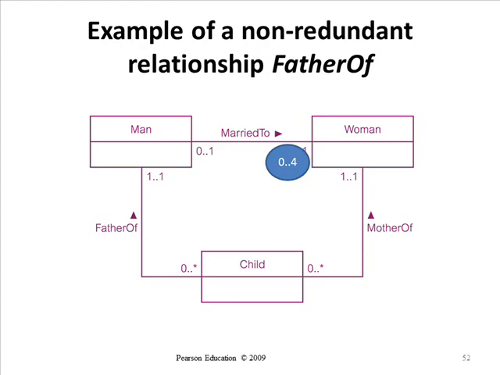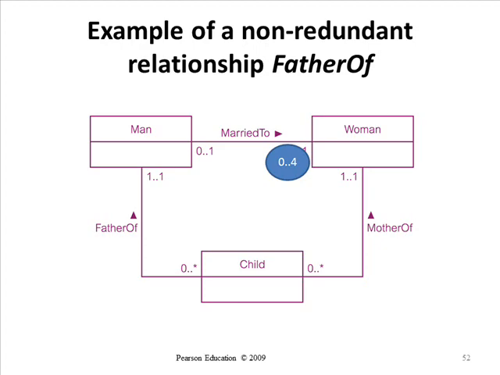We need this relationship because it is possible a man is married to the woman, and sometimes it's not possible to marry that woman. Even if he is not married to the woman, they may have a child. So this is why this redundancy is required, because of the possibility of it happening. This is an example of how redundancy needs to be used.